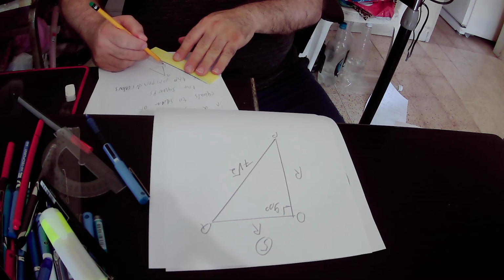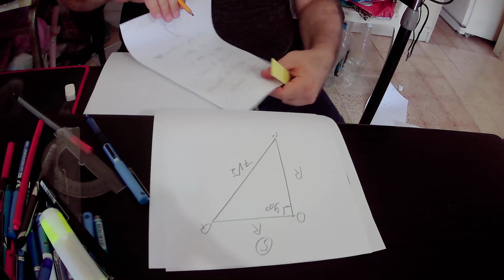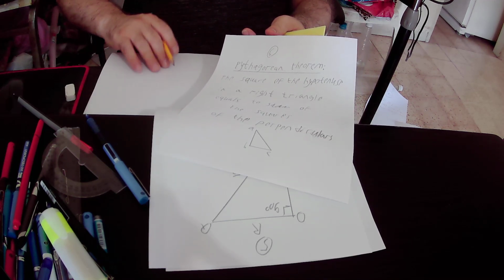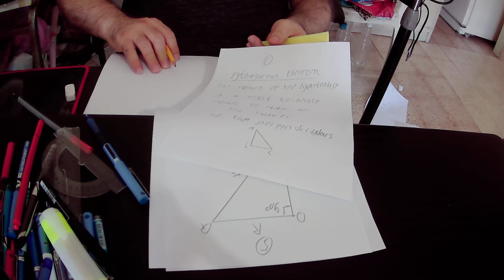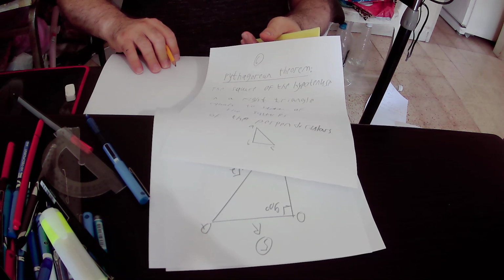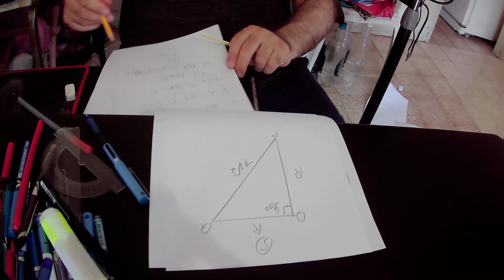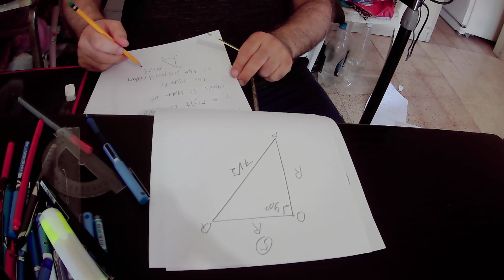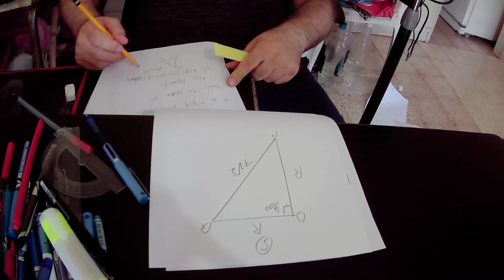A, B, C. If we have right triangle ABC, then the square of the hypotenuse, that is to say AC square, equals the sum of the squares of the perpendiculars.